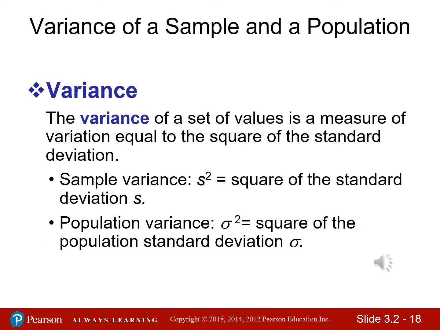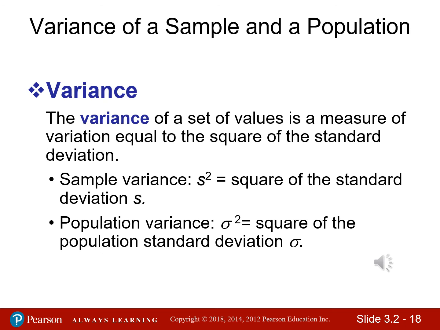So far, we have used the term variation as a general description of the amount that the values of the dataset vary among themselves. Sometimes this variation is referred to as dispersion or spread. But now let's examine the term variance.